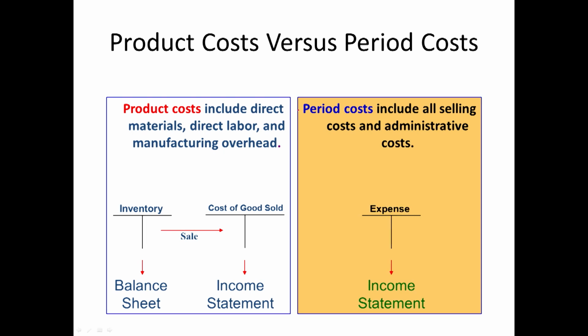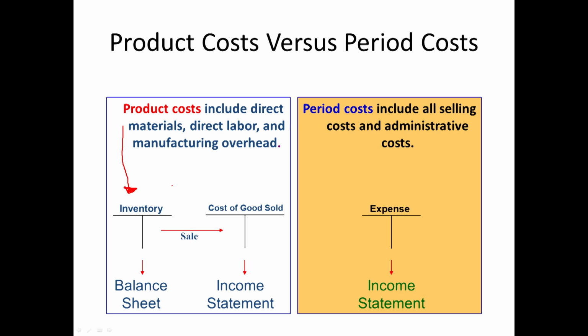Here is the crux of why it is so important to differentiate between product versus period costs. Oh, this is important. Okay? Product costs, as we are going to learn, initially go into inventory accounts. And we're going to learn about those inventory accounts today. They go into various inventory accounts.